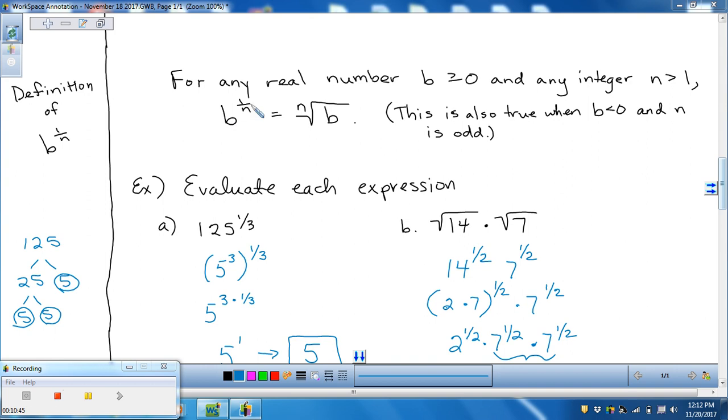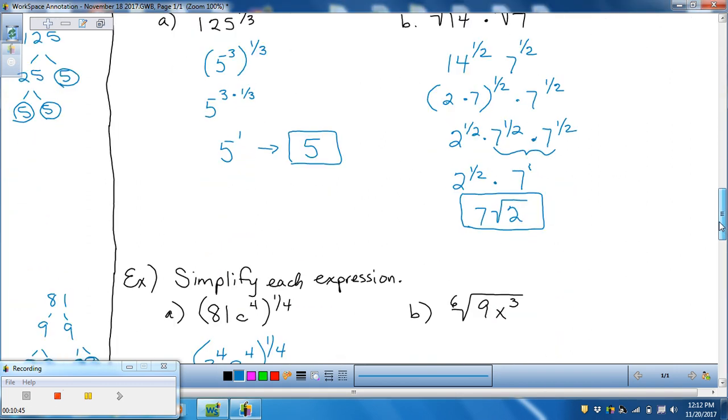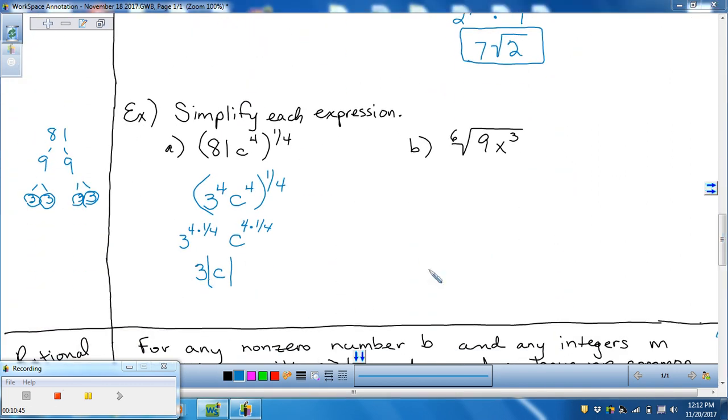When we're raising something to the 1/n, our b number needs to be greater than or equal to 0. So we're just going to put absolute values around it.